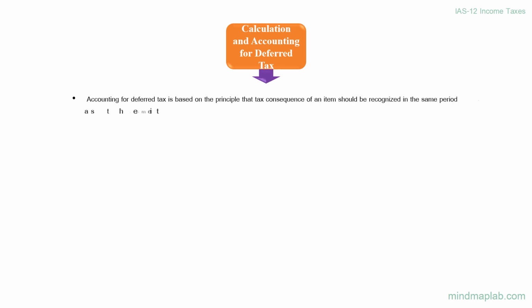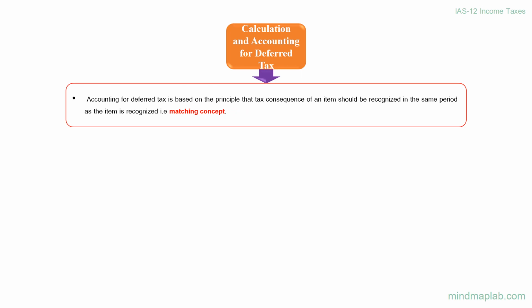Calculation and accounting for deferred tax. Accounting for deferred tax is based on the principle that the tax consequence of an item should be recognized in the same period as the item is recognized, that is the matching concept.